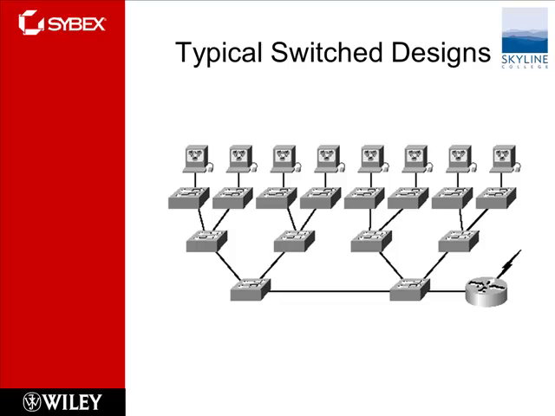Typical switch design in this one, lots of different connections here, but let's say that down here on these 2 lower switches, what if we had a problem with the single connection between the 2 switches down here that are going to the router? What's going to happen to the left half of our network? It's not going anywhere.